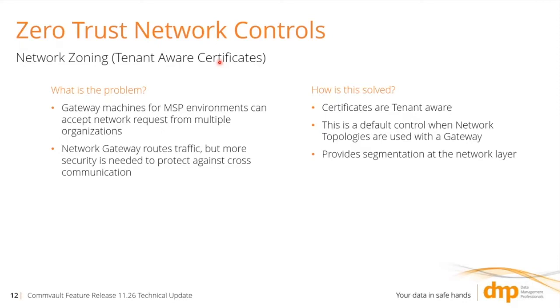So it's really secure now. Previously, that was a common certificate used by the gateway machines. Now we use different certificates per tenant. Certificates are tenant aware, and like I said here, it's a default control now. So by default, it is enabled. There's nothing else you need to do.